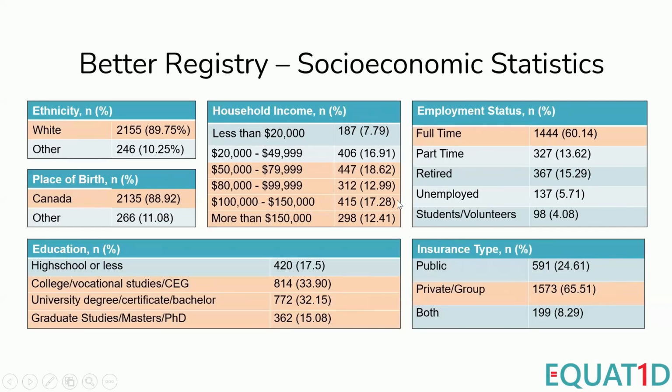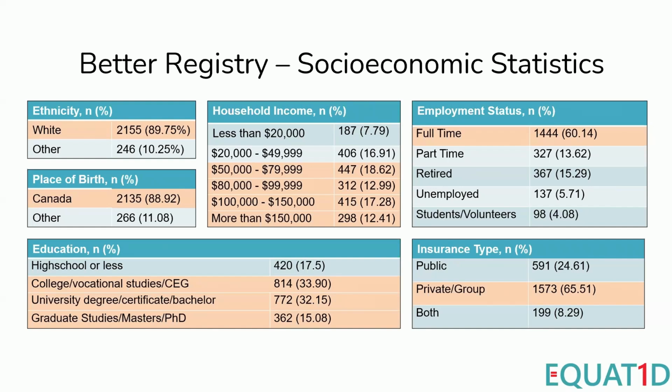There's a lot of information here that I'll walk you through, but the factors that we were interested in mainly were these descriptors that could describe social disadvantage. So we looked at race, and we saw that 90% of participants in the registry were white.